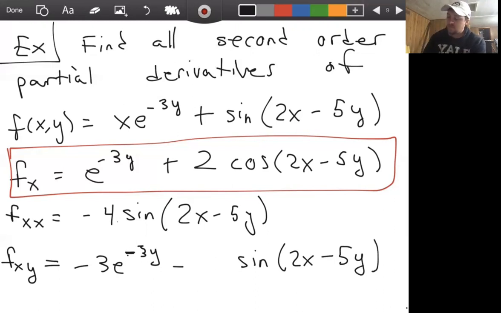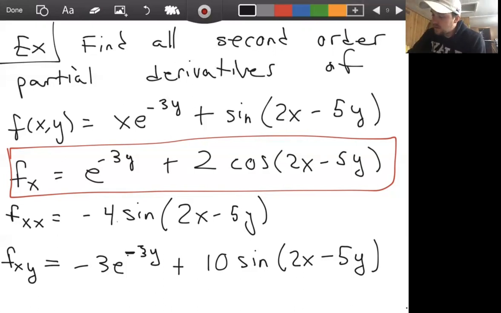But it's negative 5 times 2, so it's going to be minus a negative, which is plus 5 times 2, which is 10. And so this is the second order partial derivative, first with respect to x and then with respect to y.